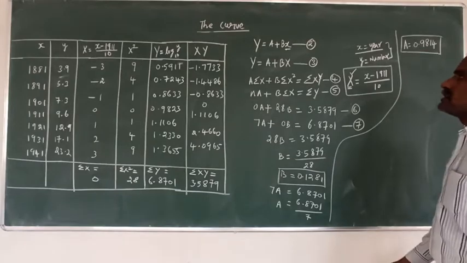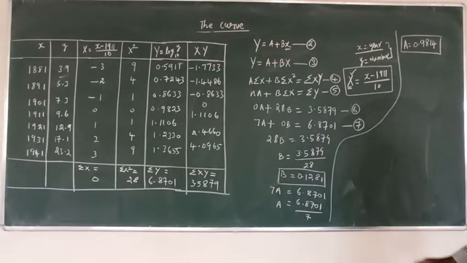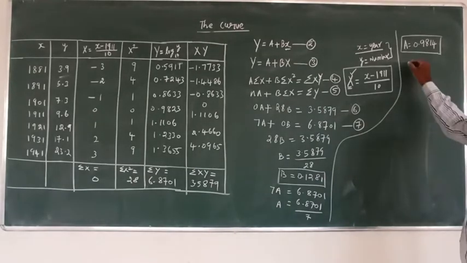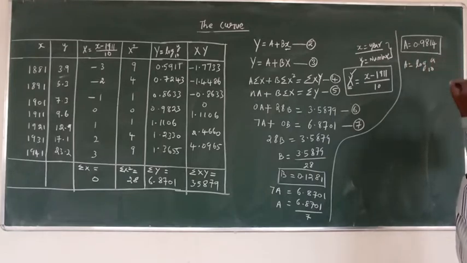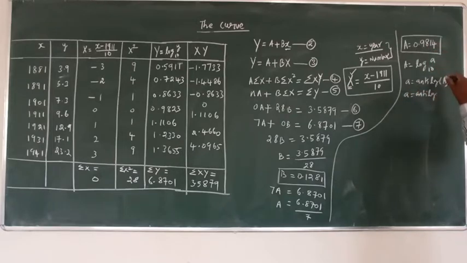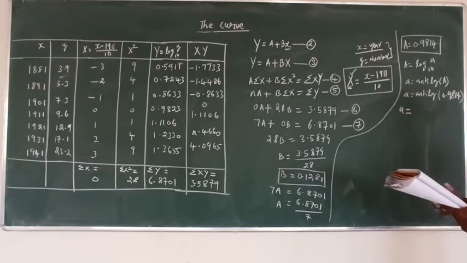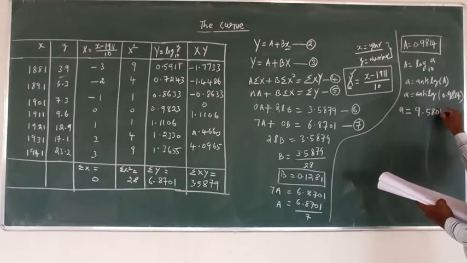But in equation 1, we require small a and small b. The formula: capital A equal to log 10 a. Now a equal to anti-log of capital A. A equal to anti-log of capital A value 0.9814. Now the small a value is 9.5808.